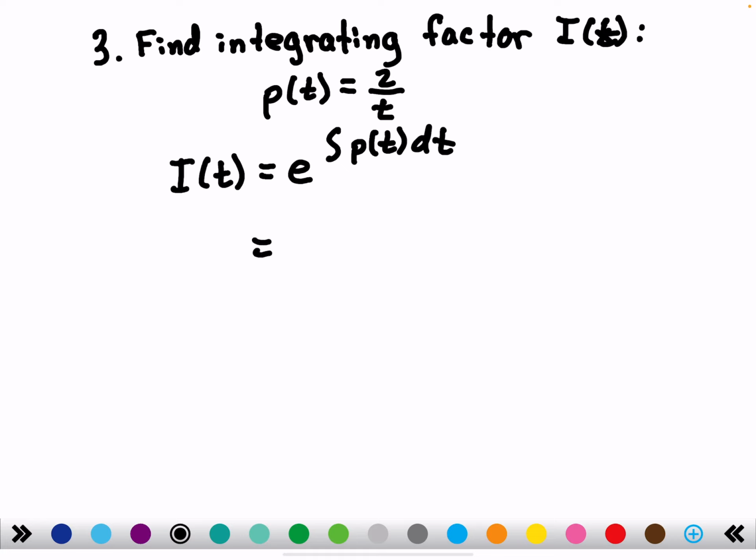So that will be e to the power of the integral 2 divided by t dt. So that is equal to e to the power of 2 natural log t.